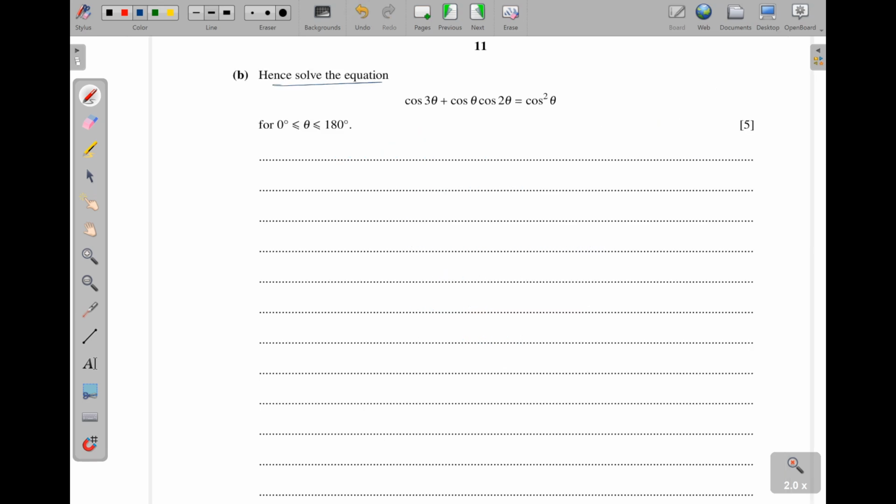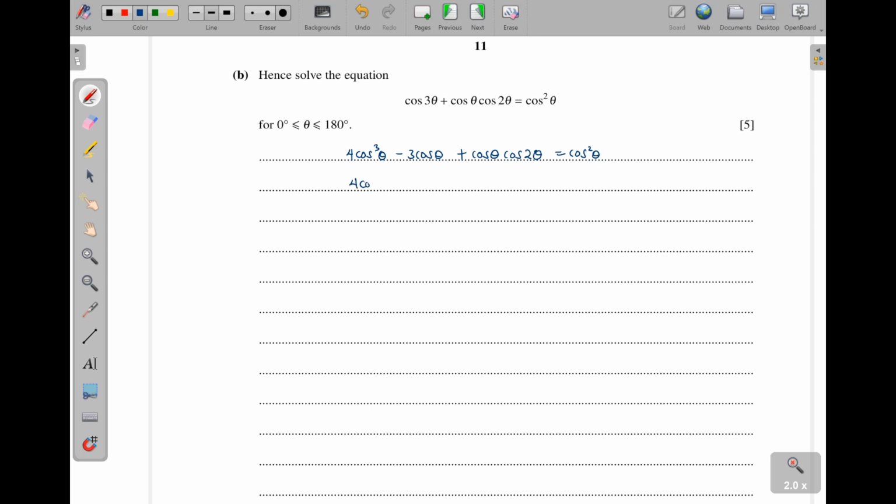And that is what we are told to show here, or to prove. Part B, hence solve the equation, this one here, for theta ranging from 0 to 180. Now, I will have 4 cos cubed theta, this one here, then minus 3 cos theta, then plus cos theta cos 2 theta, which is equal to cos squared theta.